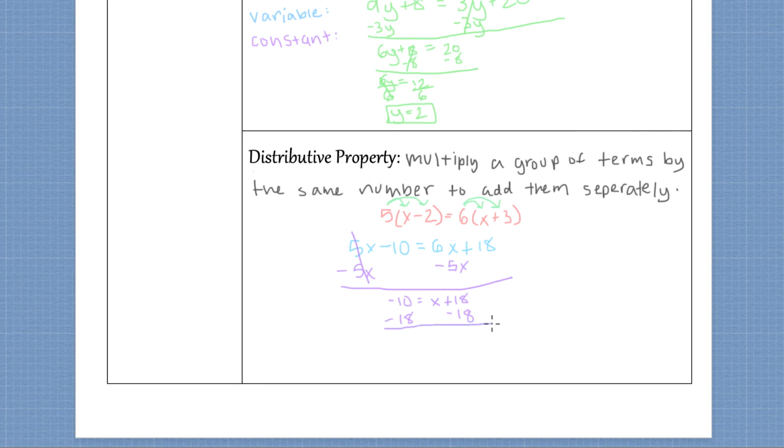And so negative 10 minus 18 is equal to negative 28, which is equal to x plus 18 minus 18, which is just going to leave us with x. And so we can rewrite this and flip it around, and we can write x is equal to negative 28. And that is how you solve an equation using the distributive property.